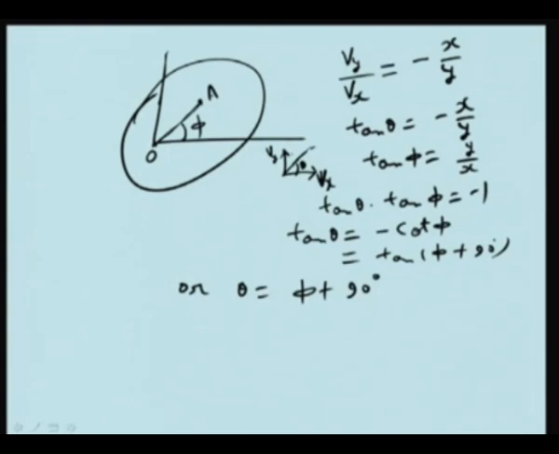That means the velocity of the particle A is at 90 degree with the line joining particle A with the O. So, therefore, the relative velocity between any two particles of the body is in a direction perpendicular to the line joining the 2 points representing the particle.